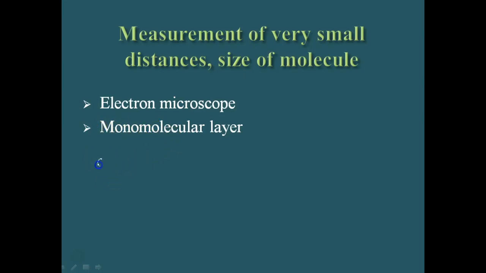So this optical microscope uses light waves, and the range it can measure is the wavelength of light. So the visible light wavelength is from 4000 angstrom to 7000 angstrom.